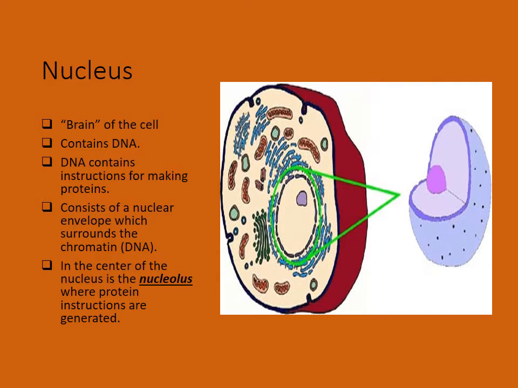So now let's start looking at each individual organelle for the most part. The first organelle we're going to look at is the nucleus. The nucleus is the brain, quote unquote, of the cell, because it contains your DNA, and the DNA contains the instructions for making proteins and giving instructions for any other vital things that need to be created for that cell. The nucleus consists of a nuclear envelope. When you look in this picture, this area is your nucleus, but around it you see this dotted area.